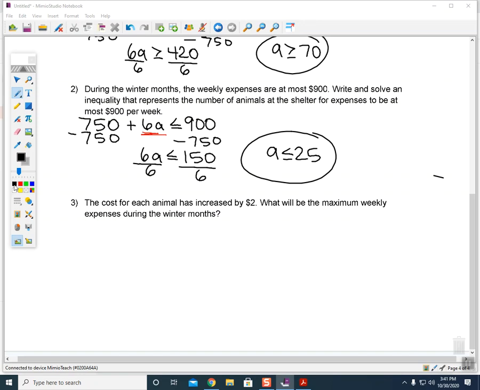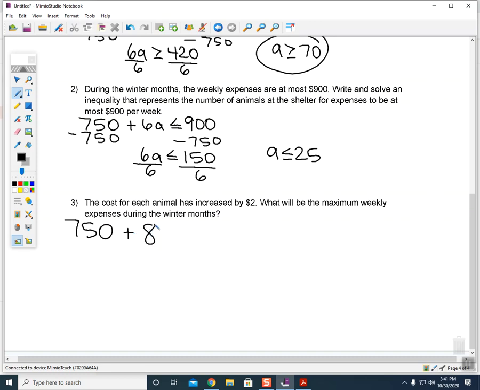So it's going to increase by $2. So I'm still going to have $750 of expenses. But now it's going to be $2 more per animal, so I'm going to spend $8 per animal.